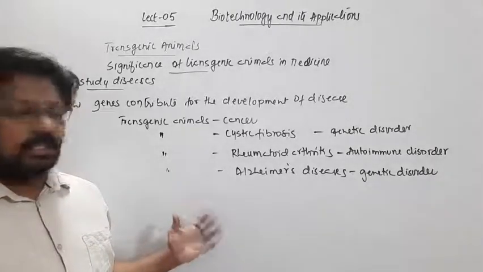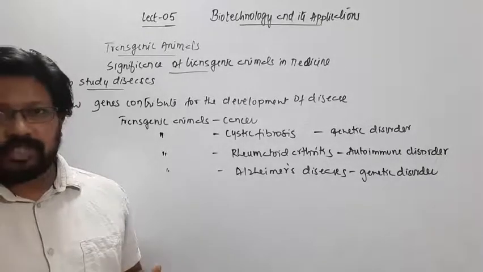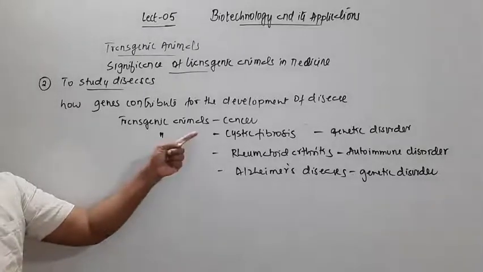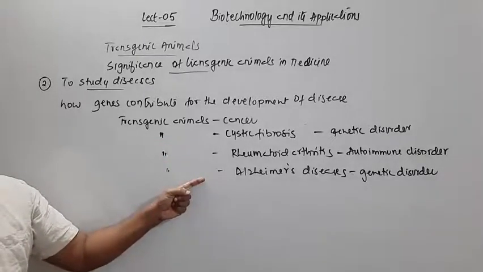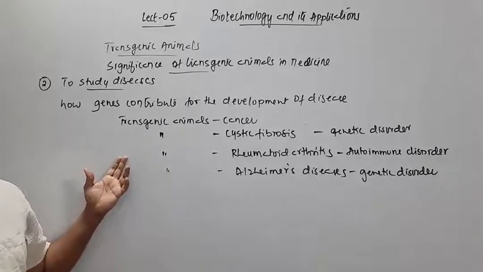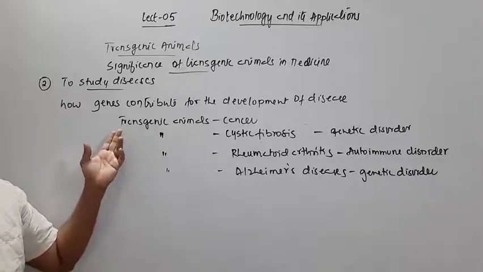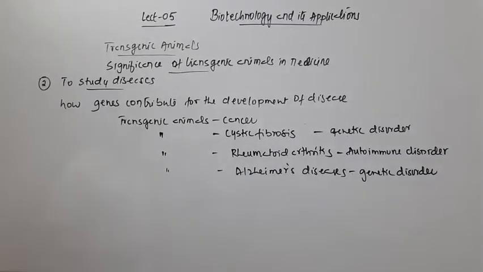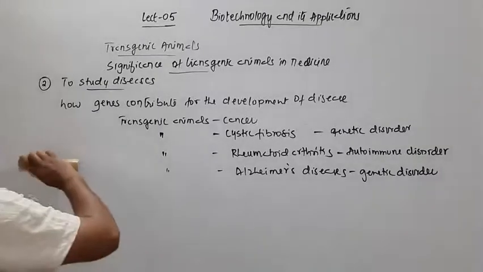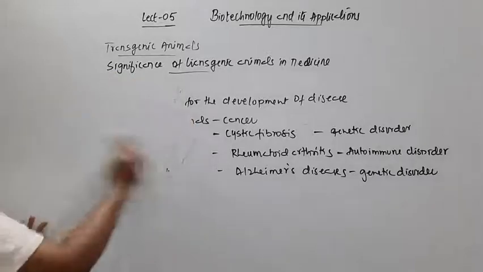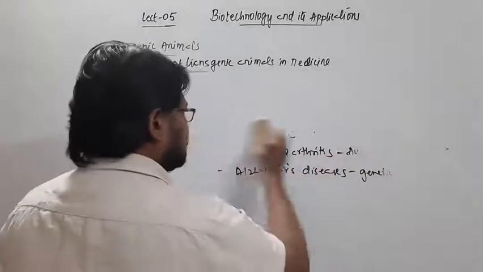For these diseases there is no permanent treatment, so we are trying to find that permanent treatment by isolating the genes that cause these diseases, and then inserting them into the DNA of other animals, which we call transgenic animals, and trying to find the solution for those diseases. Right, that's how we are using transgenic animals in finding solutions or treatments for various diseases.